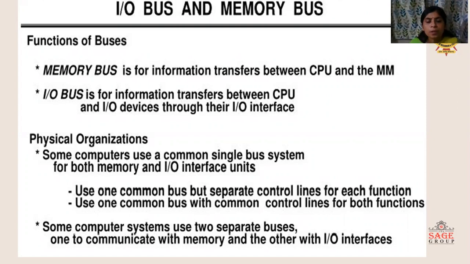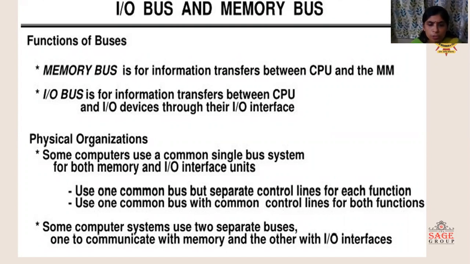In the von Neumann model there is a single bus system, and there is no separate memory. But in the Harvard model, there is a separate memory. Use one common bus but separate control lines for each function, and use one common bus with common control lines for both functions.